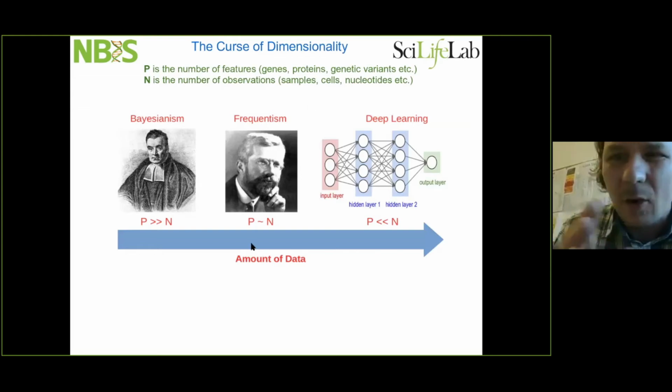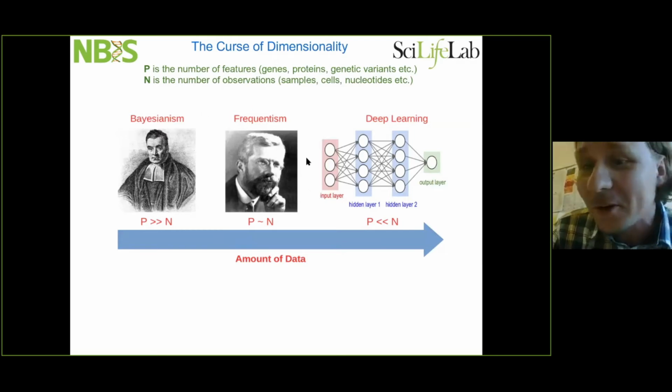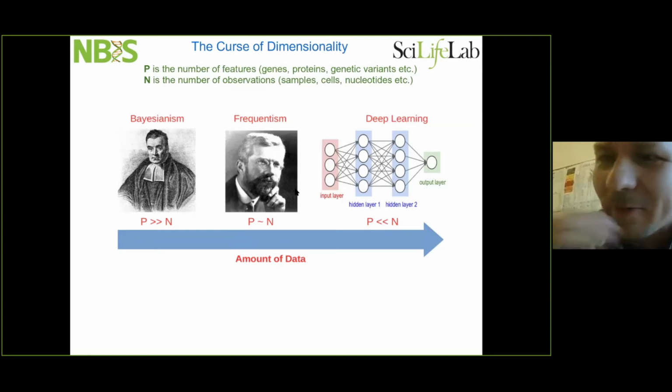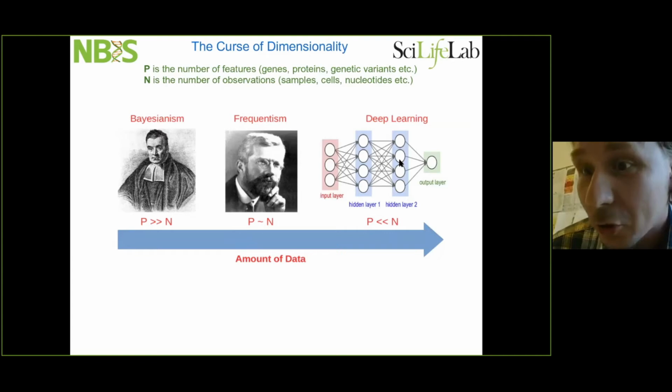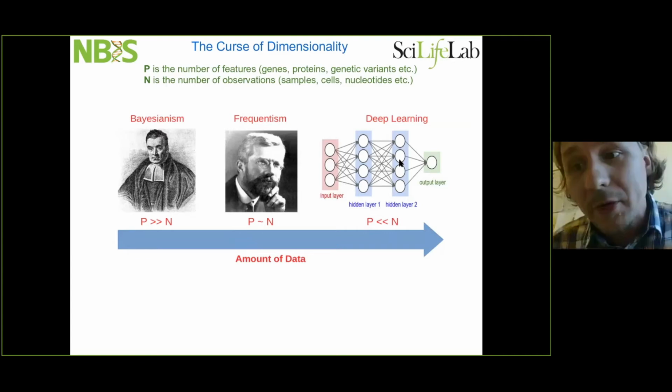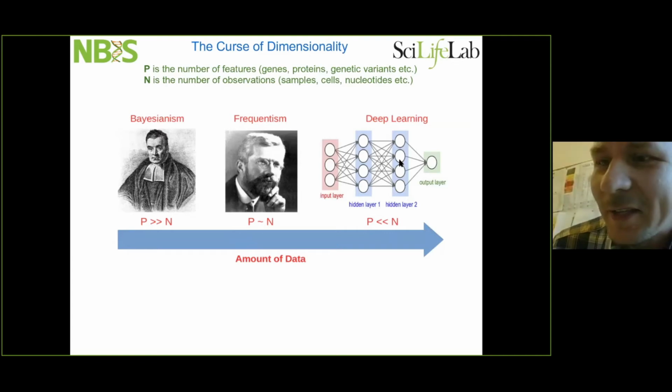If P and N are comparable, and preferably N should be greater than P, then you're fulfilling all the assumptions of frequentist statistics with p-values, hypothesis testing, and power analysis. But if you happen to have huge data with N much greater than P, this is the case where you can and you should use machine and deep learning. You can go beyond linearities. You can go to non-trivial types of analysis, non-linear analysis, not based on linear algebra.